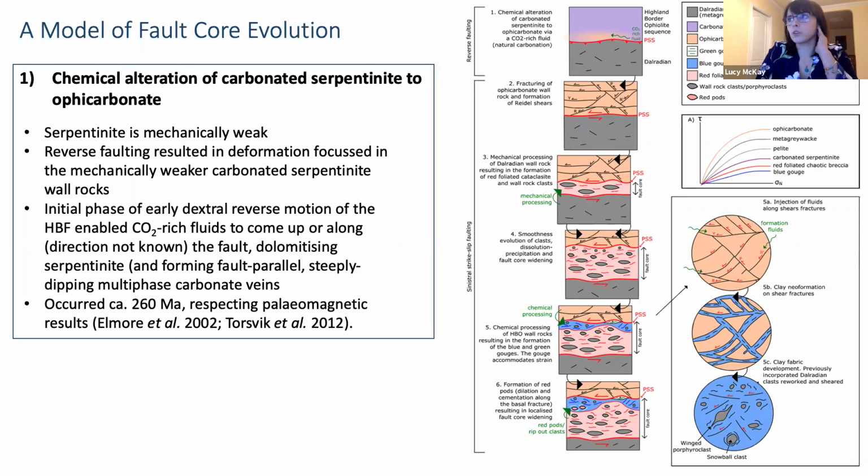But we know just even by looking at serpentinite that it's mechanically very, very weak. So the fault is going to make use of this weak rock. So reverse faulting in this early stage of evolution resulted in the deformation of this mechanically weaker fault rock, and, as I showed you in the pictures, it altered this carbonated serpentinite into the ophicarbonate through a CO2 rich fluid.